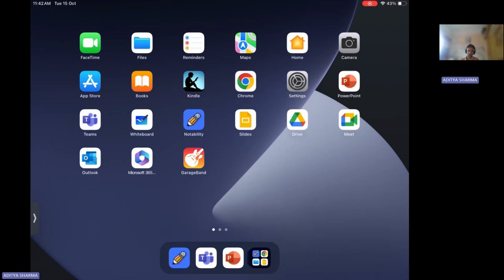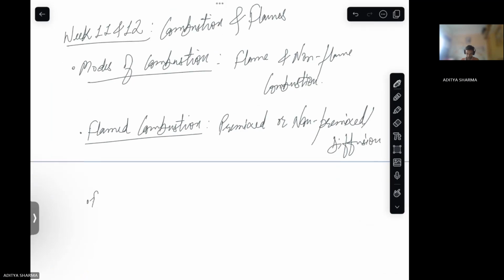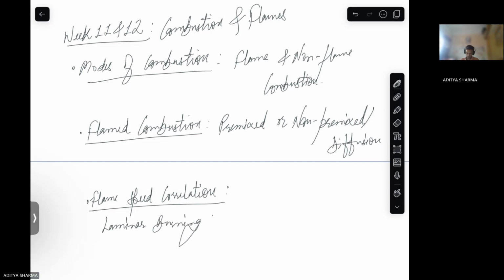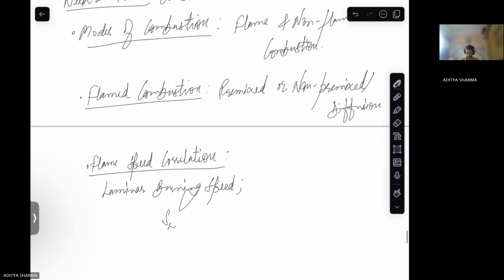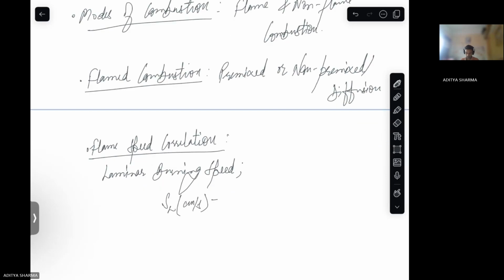In your flame speed correlations, laminar burning speed can be defined this way. This is the speed of the flame.